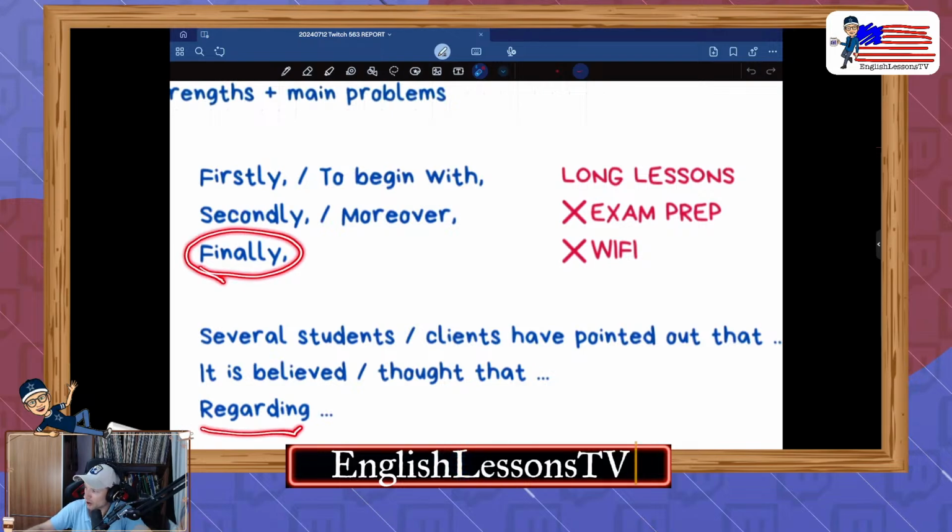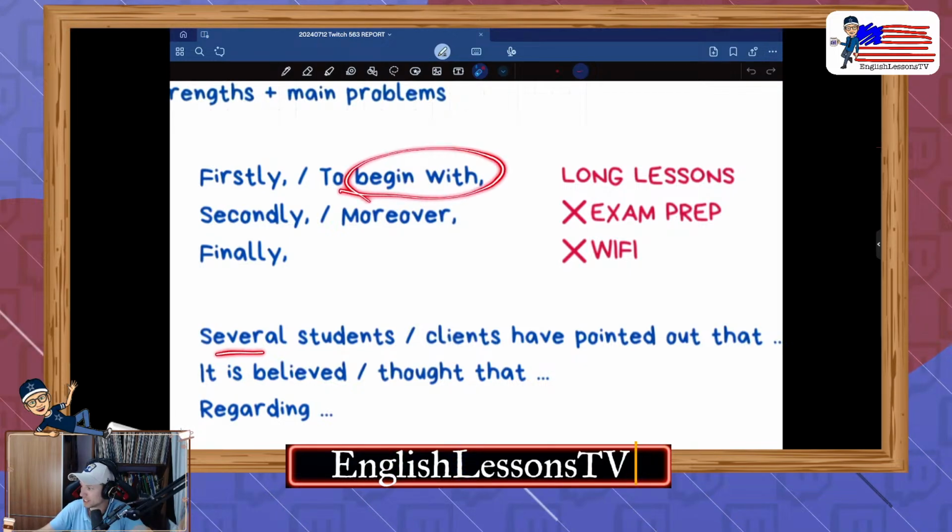Finally, regarding connectivity, students comment that they have no possibility of Wi-Fi. And so they cannot look up words in the dictionary using Wi-Fi. You get the idea?